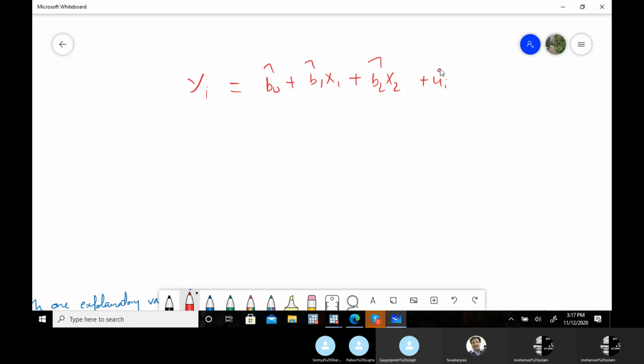If you are following Koutsoyiannis, they write this residual term for the sample regression function as ei. It is actually u hat or ei. This is just a change in notation.